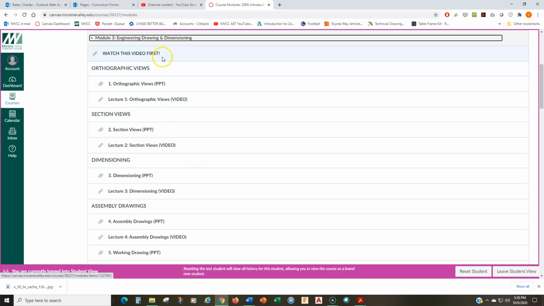The whole point of Module 3 is to be able to create engineering drawings using orthographic projection, section views, and then to dimension them. Okay? I think too many of you failed on the orthographic view portion of the assignments, which frankly was the easiest part of the assignment because Fusion creates orthographic views for you.